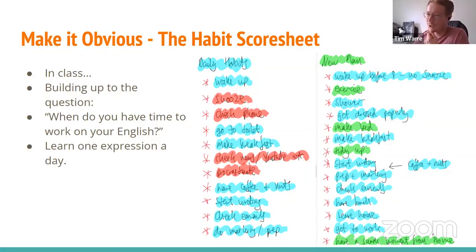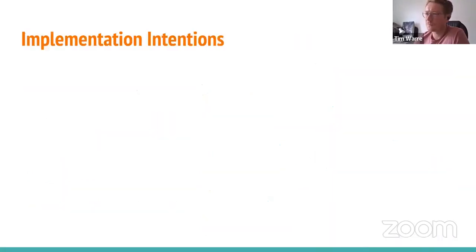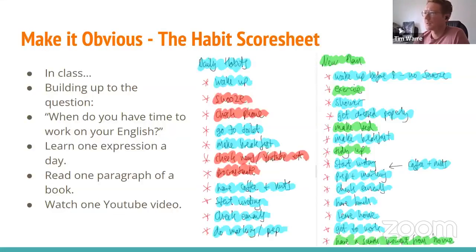Okay. Go open up Quizlet and learn one idiom, or read one article on The Guardian, or one page of a book. Okay, one paragraph of a book, and start even smaller. Watch one YouTube video in English. So that's what we're building up to as part of this habit score sheet lesson plan.